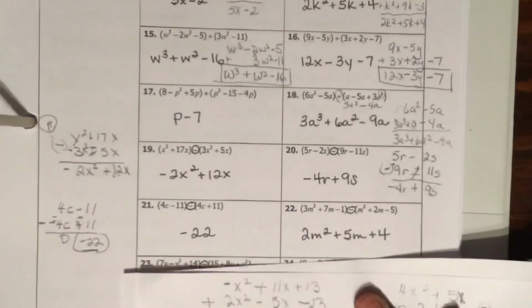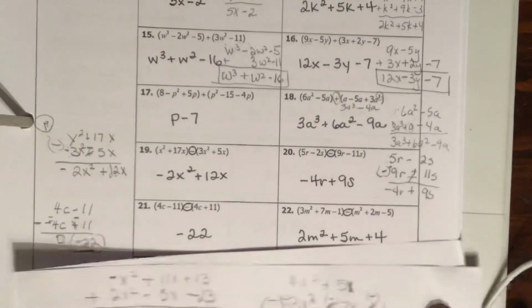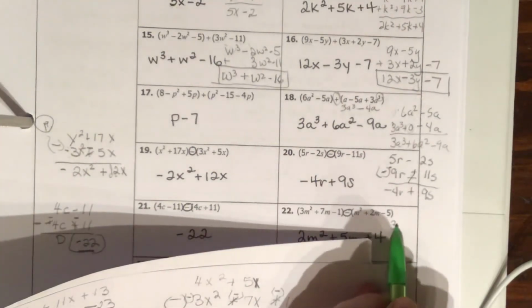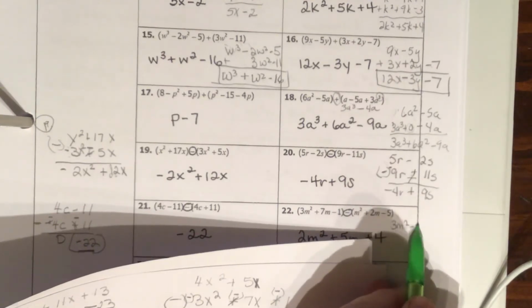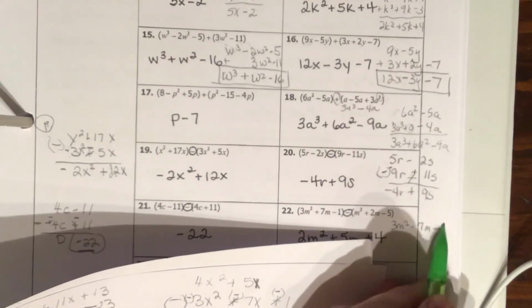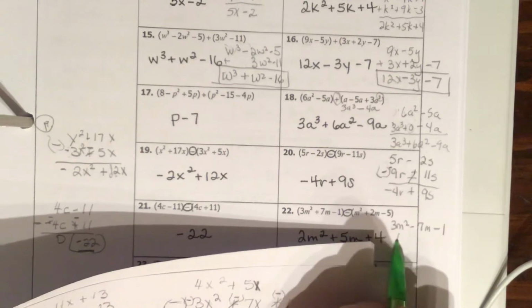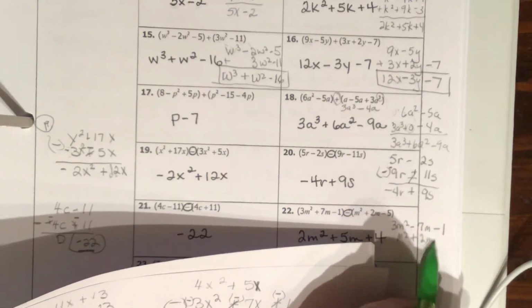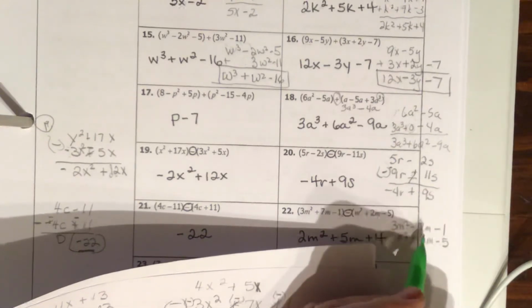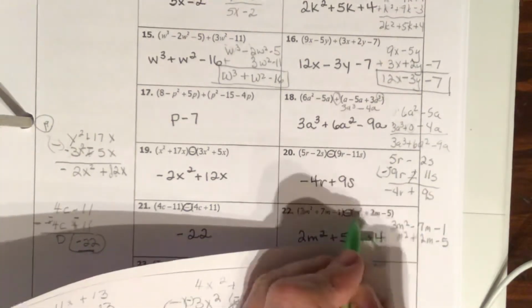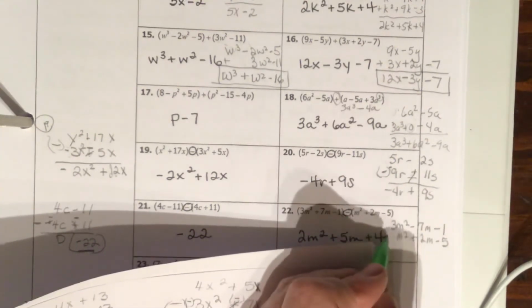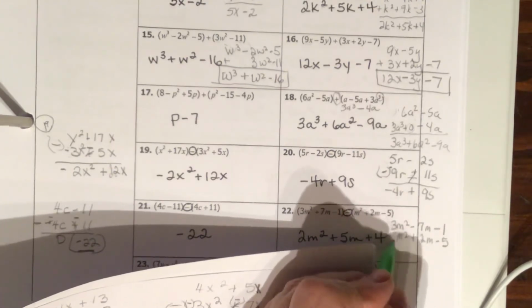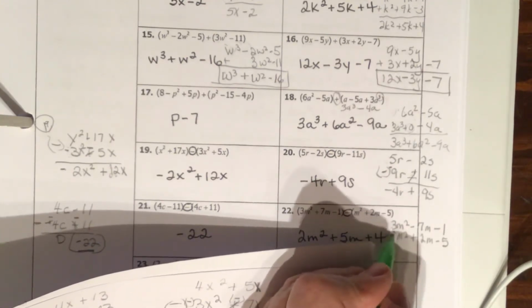Let's look at this one. You have 3m squared minus 7m minus 1, m squared plus 2m minus 5. Remember, they become the opposite sign when you are subtracting. So this is no longer a plus, it's a minus.